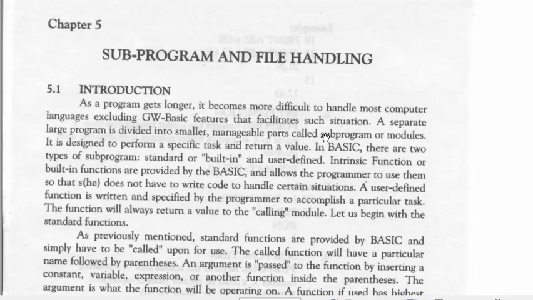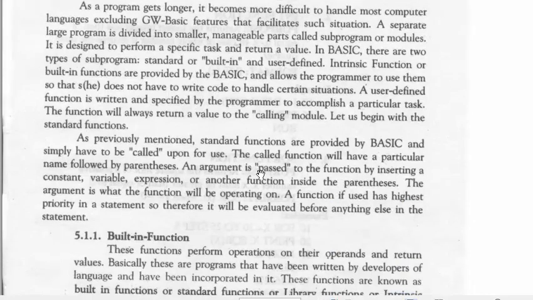An argument is passed to the function by inserting a constant, variable, expression or another function inside the parentheses. The argument is what the function will be operating on. A function, if used, has highest priority in a statement, so therefore it will be evaluated before anything else in the statement.